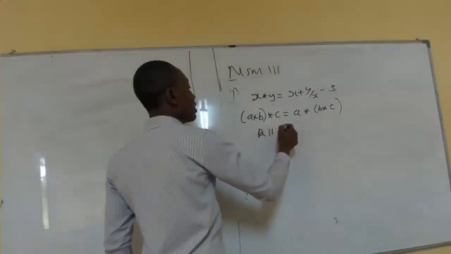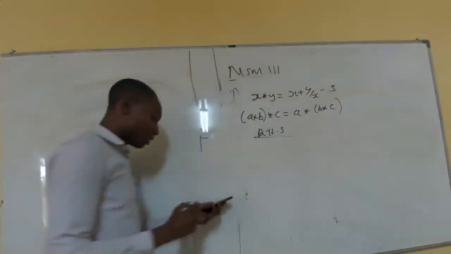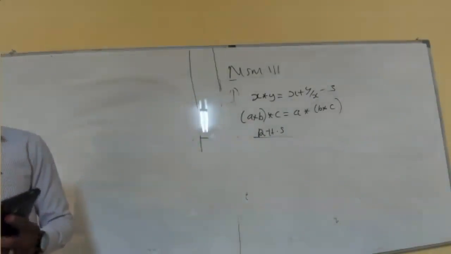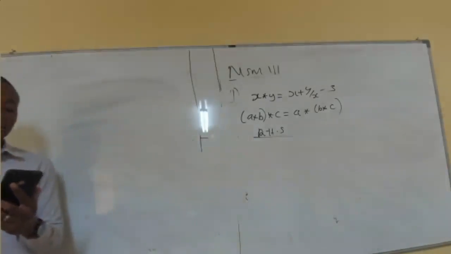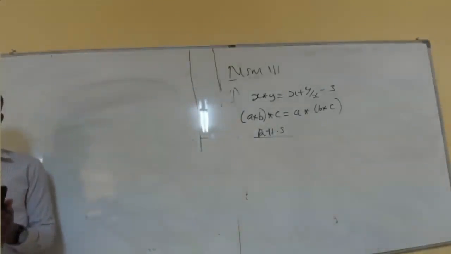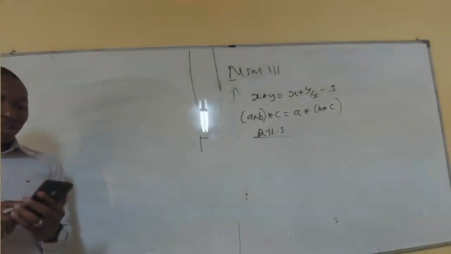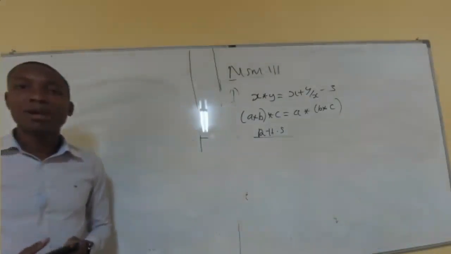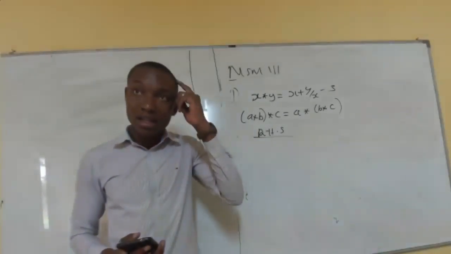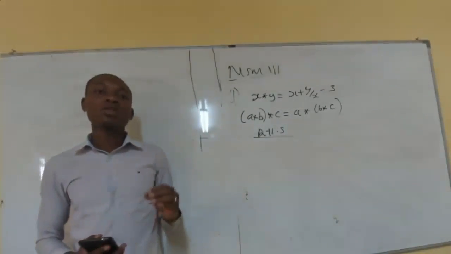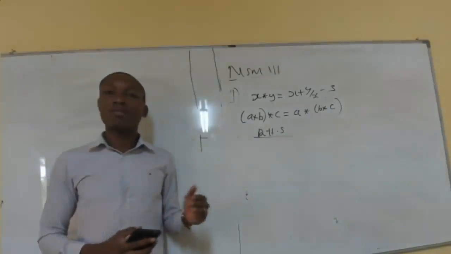So from the right hand side, what's the first thing that you need to do whenever you're dealing with a binary operation? Ask yourself that simple question: what does the star do? Under binary operations, ladies and gentlemen, we start from the basic operations.